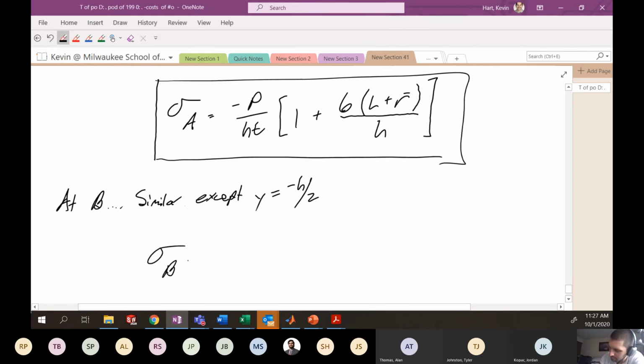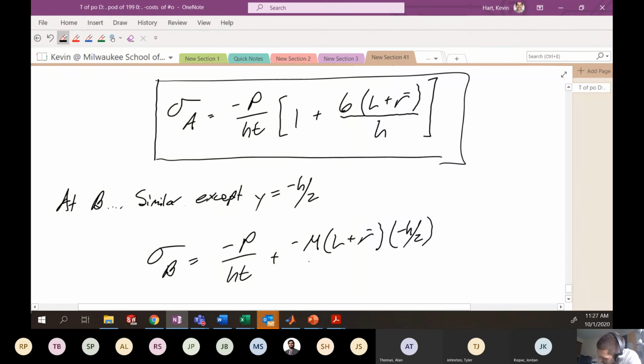So here at B, similar idea, negative P on HT plus my negative M times L plus R bar times negative H on 2, so I'm on the other side of the bar now, divided by 1/12 TH cubed.